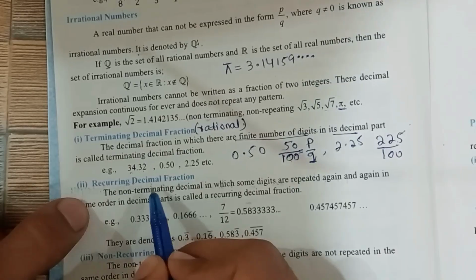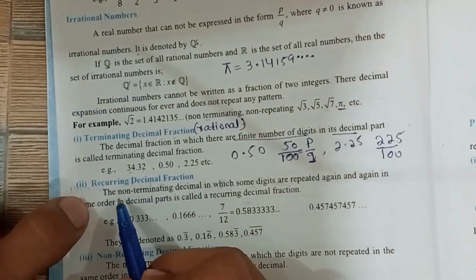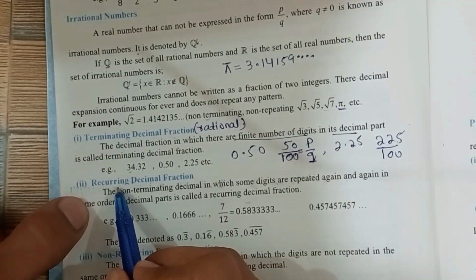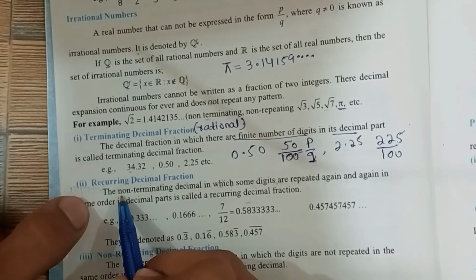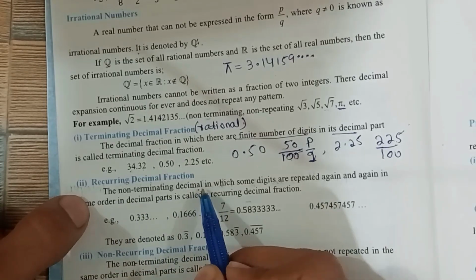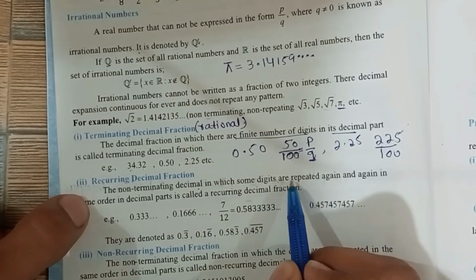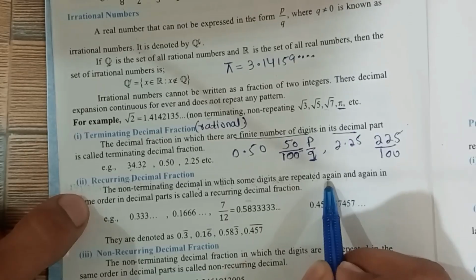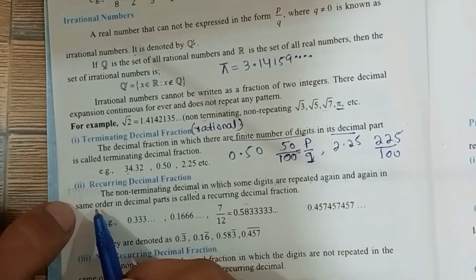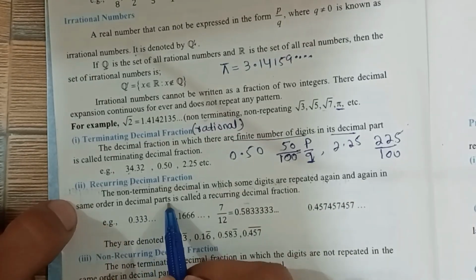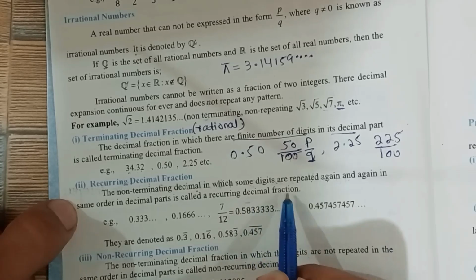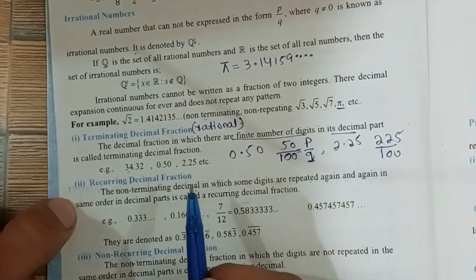So next is recurring decimal fraction. Recurring means repeating. The non-terminating decimal in which some digits are repeated again and again in the same order in the decimal part is called a recurring decimal fraction.